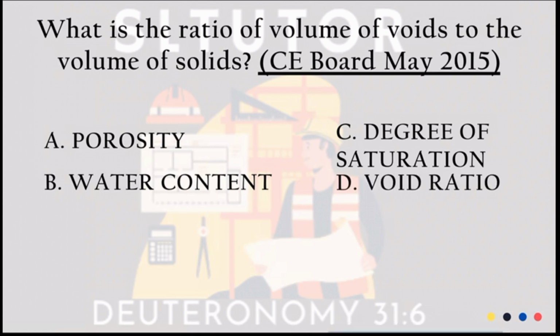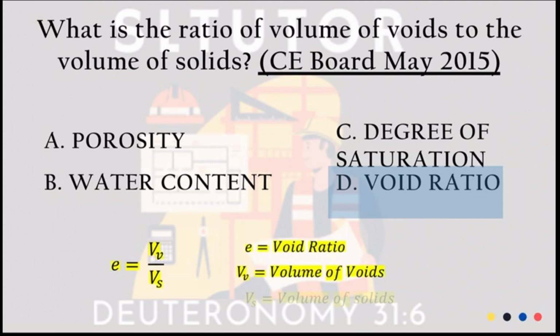Now, napaka-obvious na ng sagot dito. Letter D, void ratio. So, ito po yung formula ng void ratio. E is equals to VV over VS. Volume of voids, VV, and then V sub S is the volume of solids. And that is the final answer.